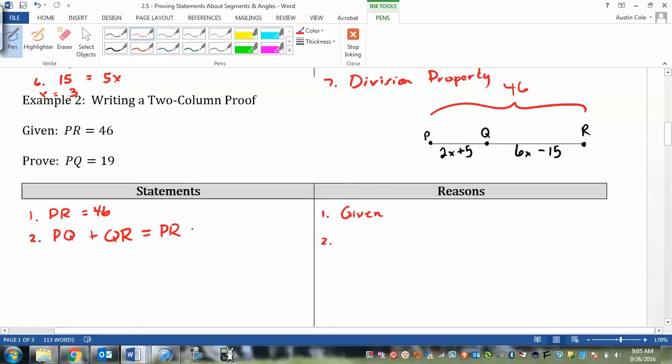PQ plus QR equals the whole thing PR. And we're going to call that the segment addition postulate.